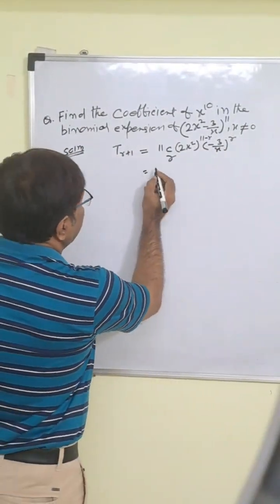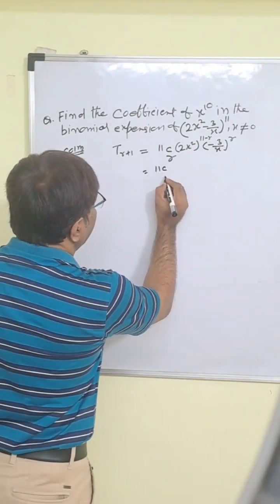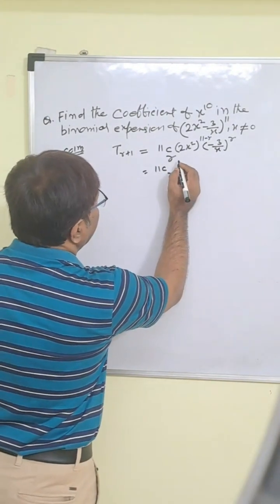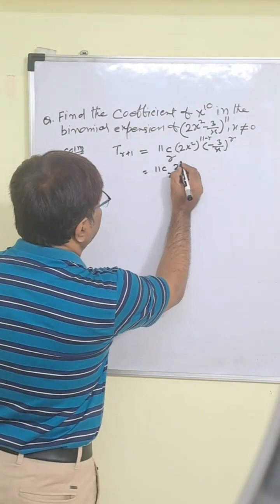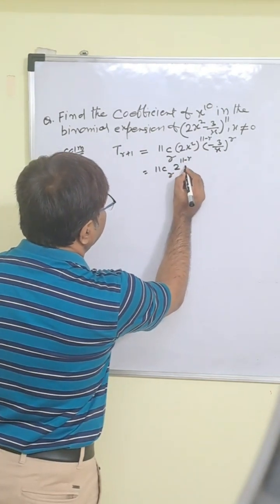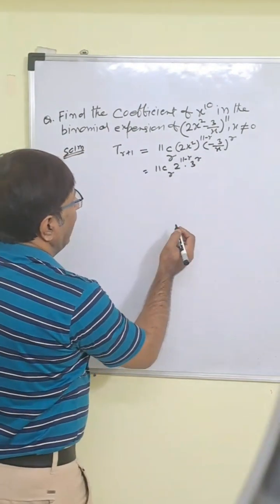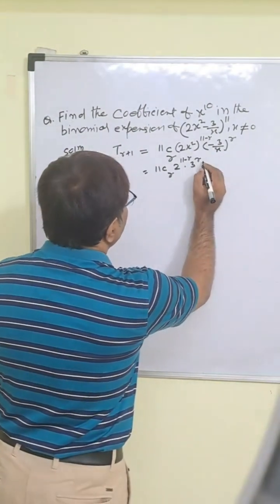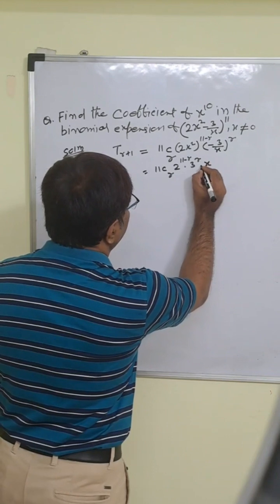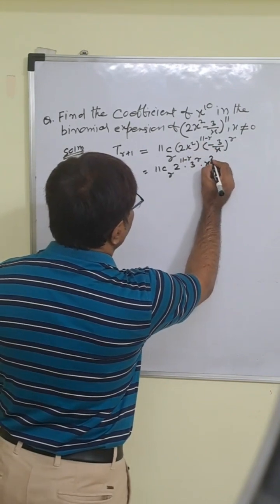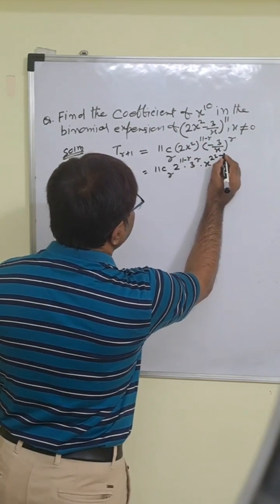Now we can write this as 11Cr, and here 2 to the power 11 minus r into 3 to the power r. And here x to the power 11 minus r times 2 gives x to the power 22 minus 2r.